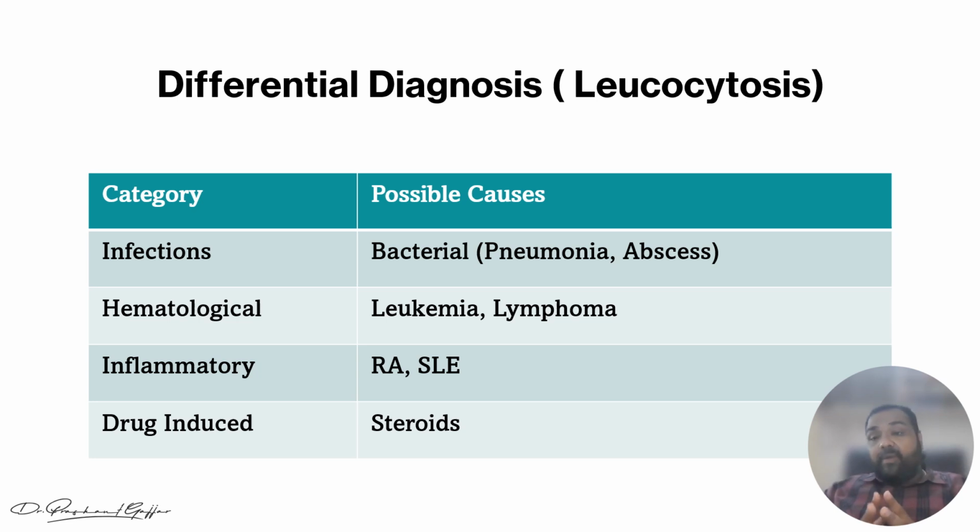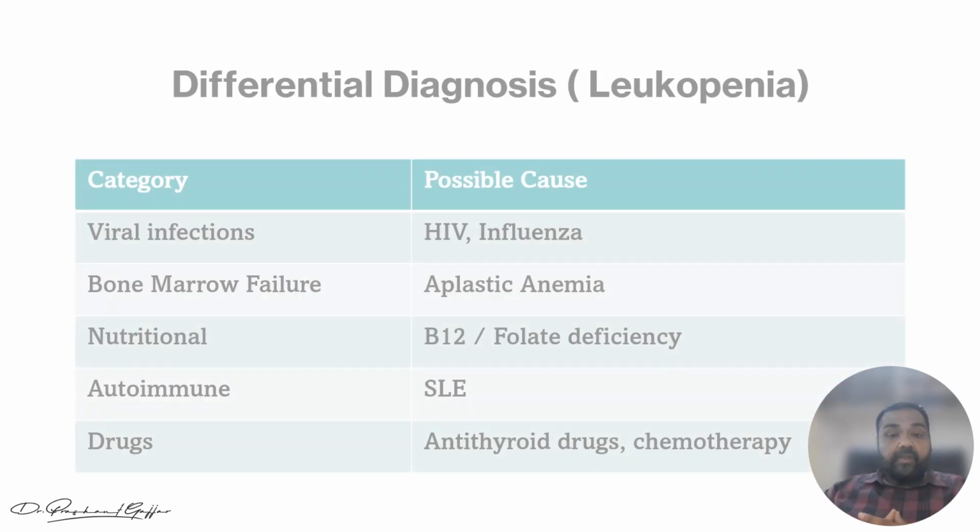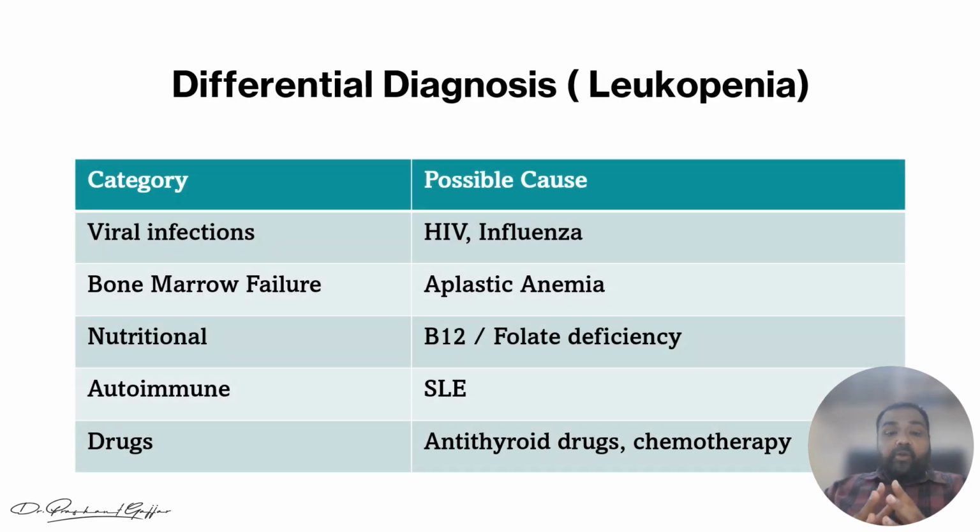Right? Now we move on to the differential diagnosis of leukopenia. So in leukopenia, viral infections, possible causes are HIV or influenza. Right? It is common, H1N1 swine flu, H1N2 influenza.